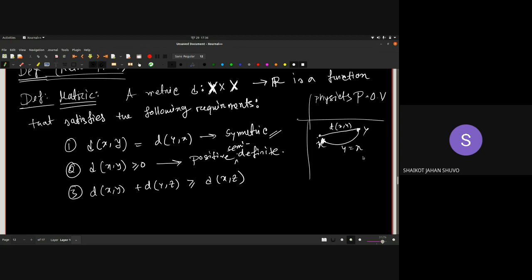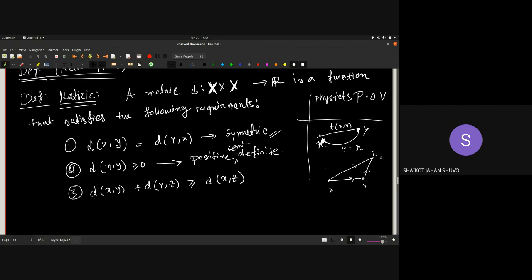And this is the triangle inequality, right? So this is x, let's say this is y, and this is z. So this d of x,y denotes this line, x to y, and this d of y,z denotes a line from y to z, and this d of x,z denotes a line from x to z, right? And this is just the triangle inequality.